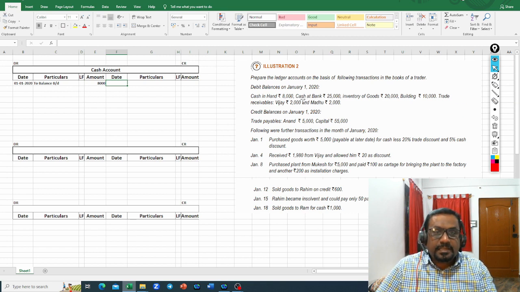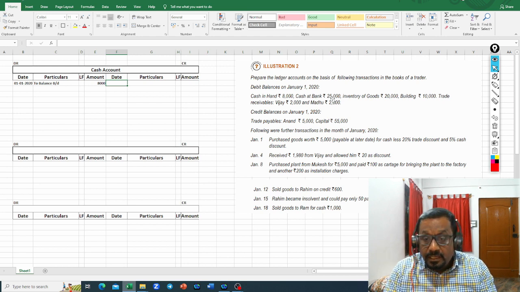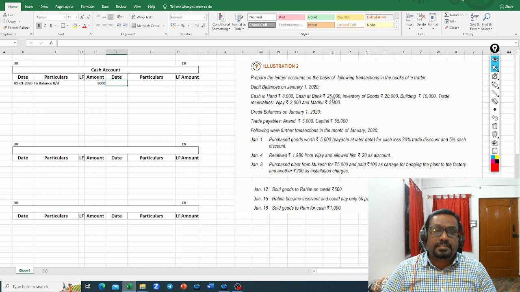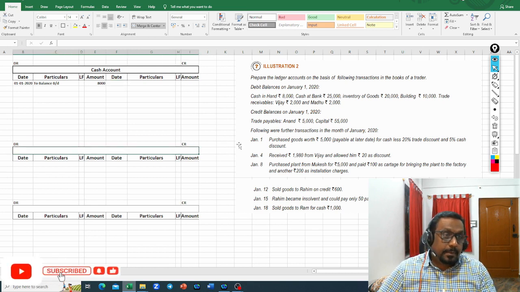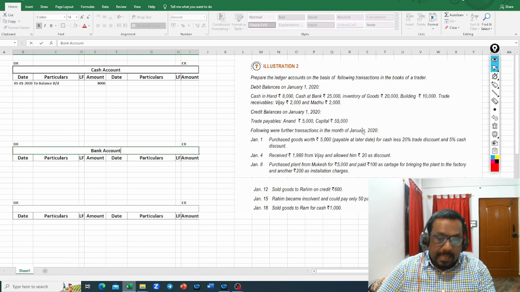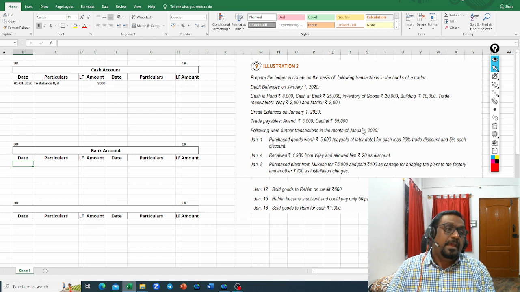Now, next one is cash at bank 25,000. Cash at bank 25,000 means there is a balance available in the bank account. Right? This is also an asset. So we need to prepare a bank account. Since cash at bank is also an asset, I need to put this amount on the debit side of the bank account.